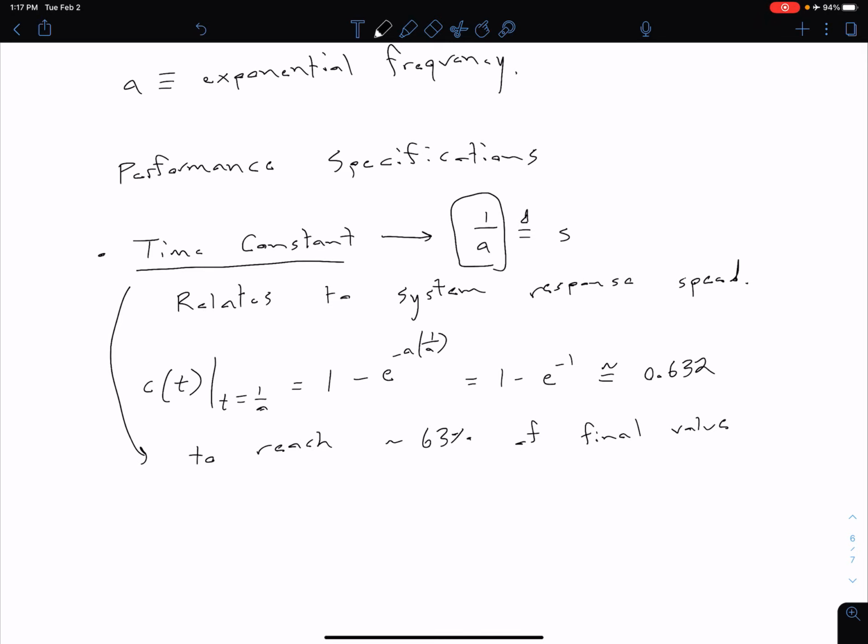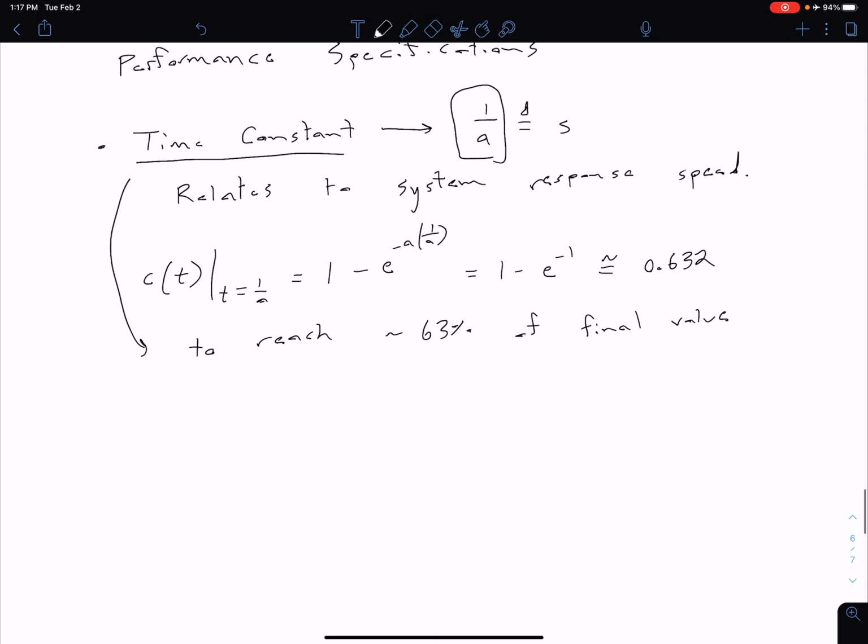Okay, so that's what our time constant is. What we can see from that is that if our A is further to the left in our S-plane, then we're going to have a quicker response. So further left in our S-plane corresponds to a quicker response.